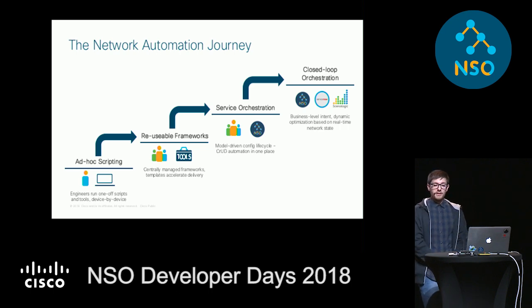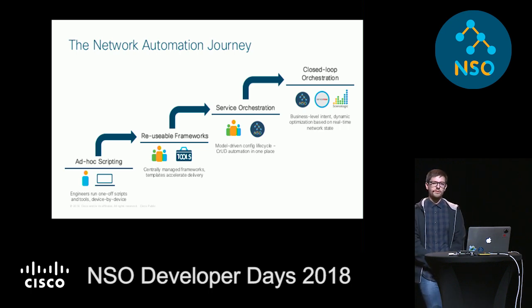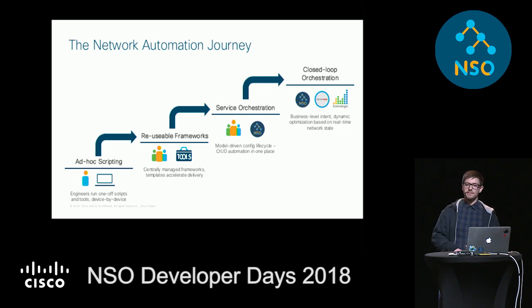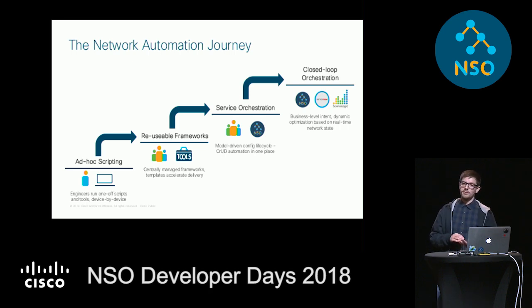Where we want to be is ultimately closed-loop orchestration, using all the services that we have internally within Cisco IT. For example here, NSO, ServiceNow, SolarWinds. We want to use all three of those to have event-driven and also user-driven NSO changes.